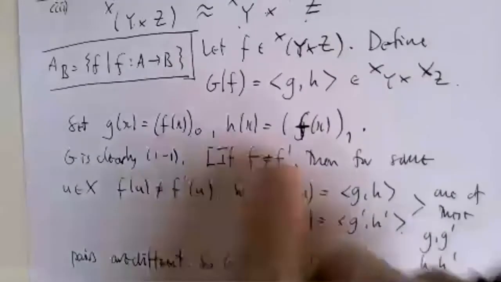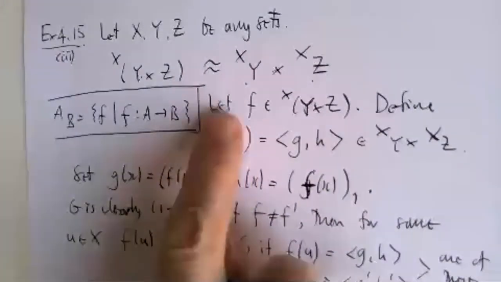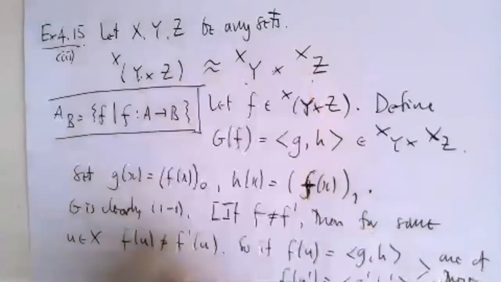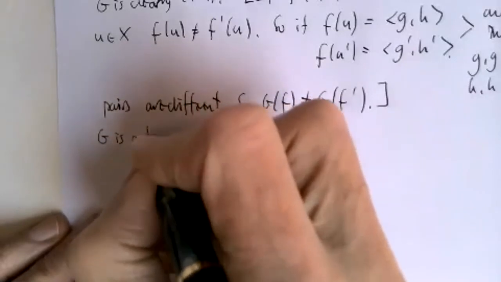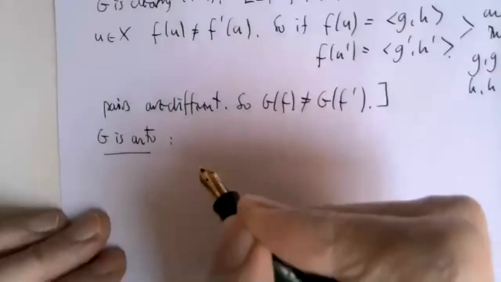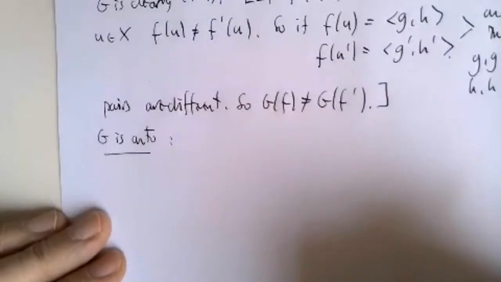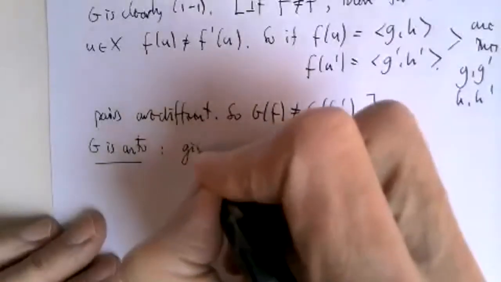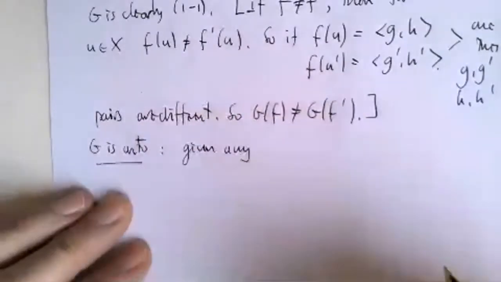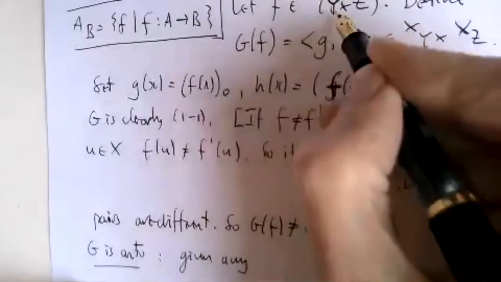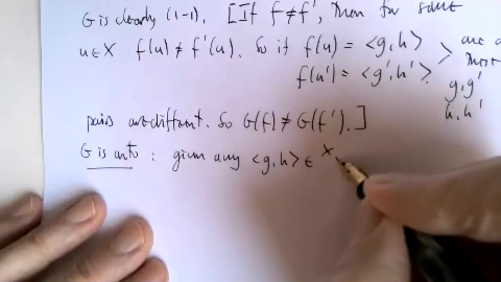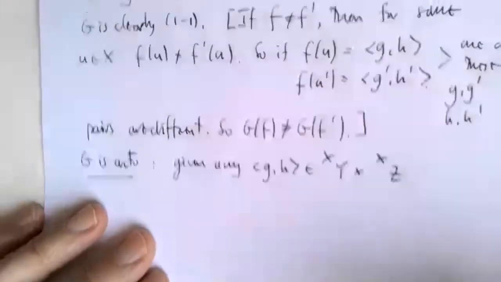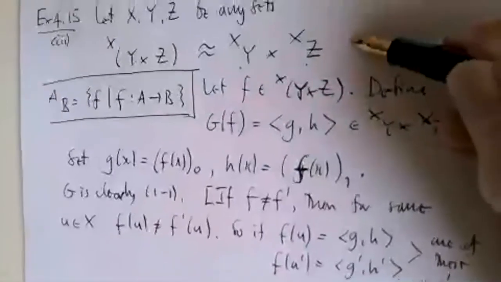But this is supposed to be a bijection, so we need to check as well that it's onto. So we just do this check here. Okay, so I pick something in here, something in this right-hand side.